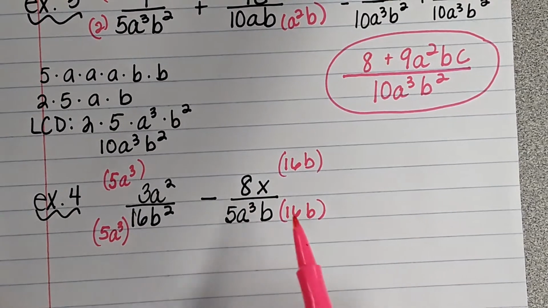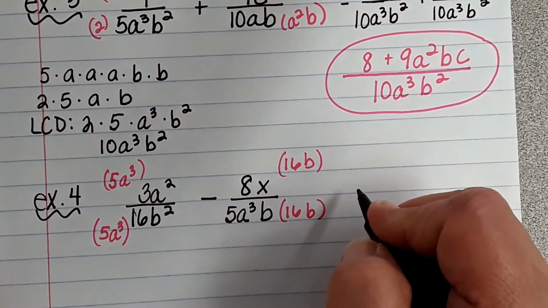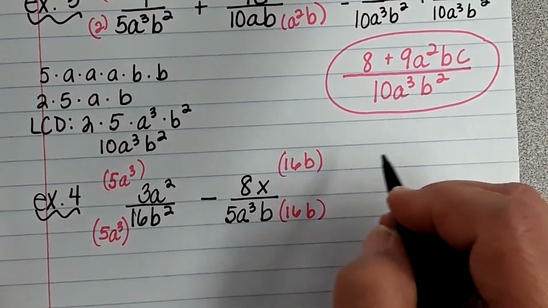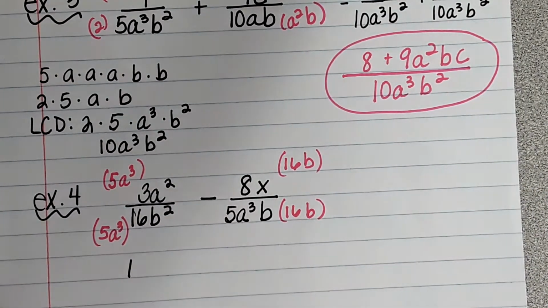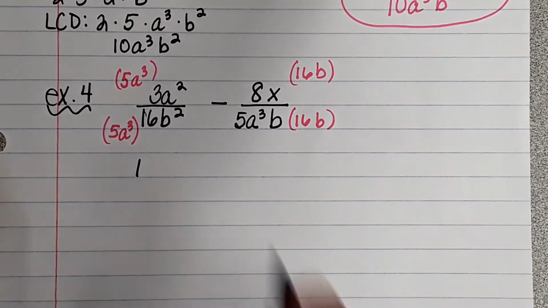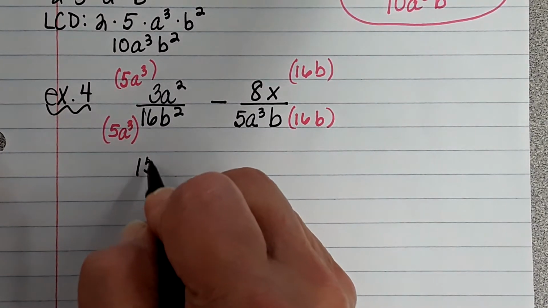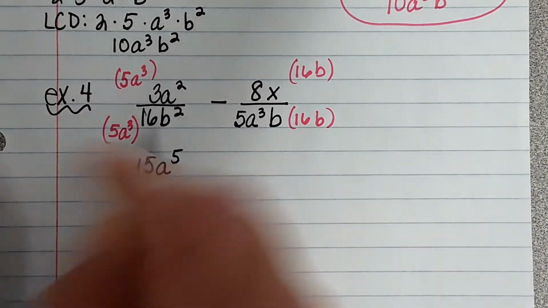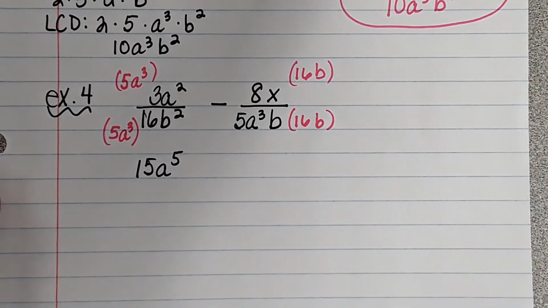Okay, so let's multiply. What is 5a to the third times 3a squared? 15a to the fifth, because you add exponents, because the bases are the same.